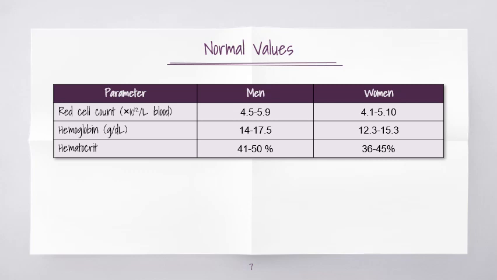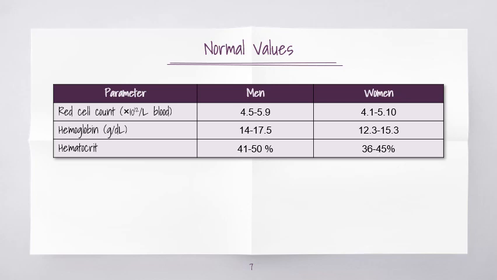The hemoglobin is measured as the concentration of the total hemoglobin in the body, which is about 14 to 17.5 in men and 12 to 15 in women. While the hematocrit is defined as the percent of red blood cells present in the body. It's about 40 to 50 in men and 36 to 45 in women.